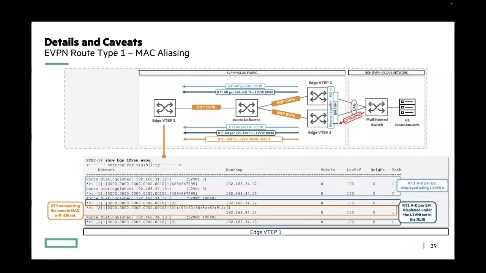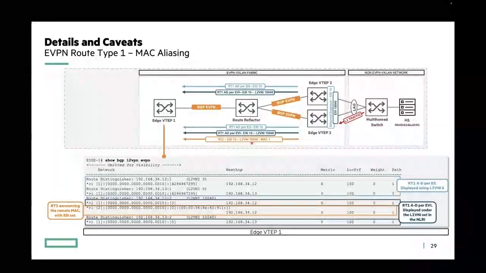Finally, a host which is attached to ESI 10 starts to send traffic through VLAN 10040. LACP hashing between multihoming VTEPs and the multihome endpoint sends the traffic to VTEP3, which automatically announces its new MAC address to remote VTEPs using an RT2, which includes the ESI, as we can see here.